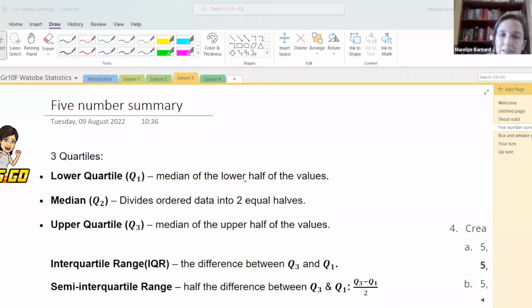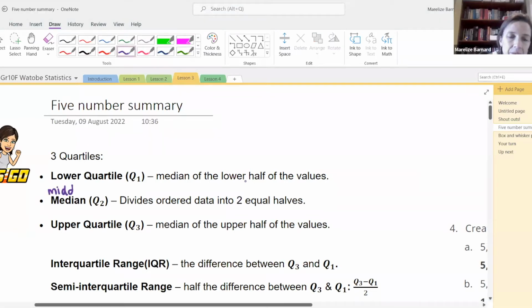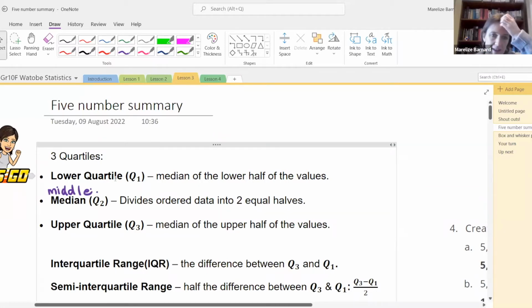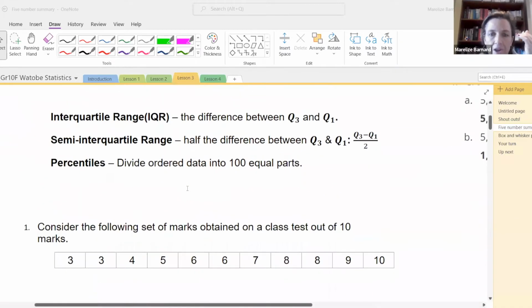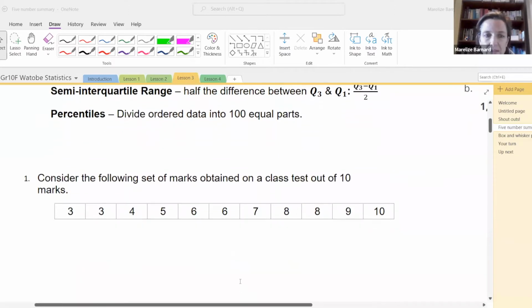The median we know already, that is the middle, but it can also be called the second quartile of the data. So the lower quartile is the median of the lower half of the values, the upper quartile is the median of the upper half of the values, and the median just divides the data into half. Much easier to understand if we have a look at a quick example.